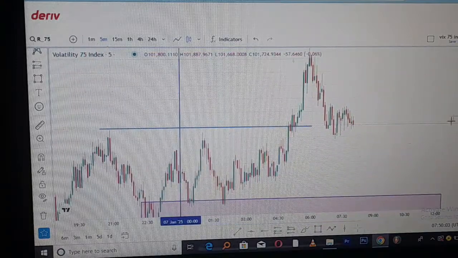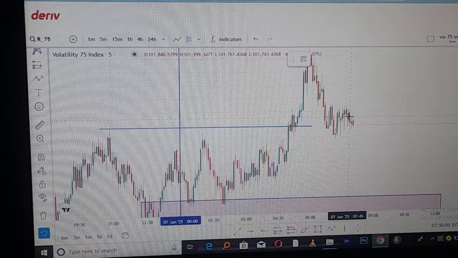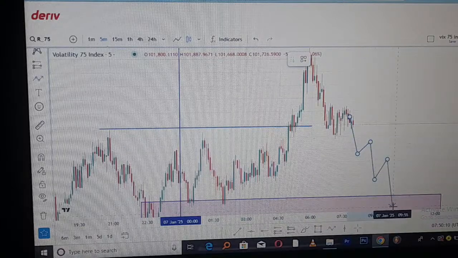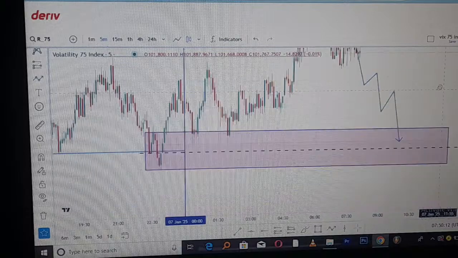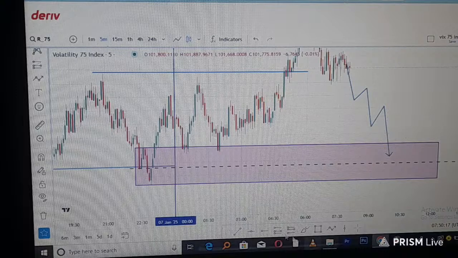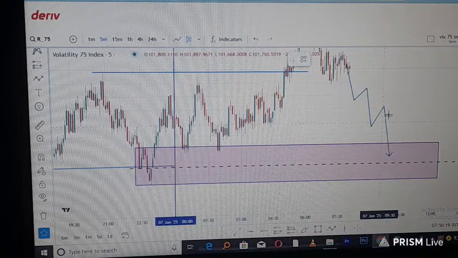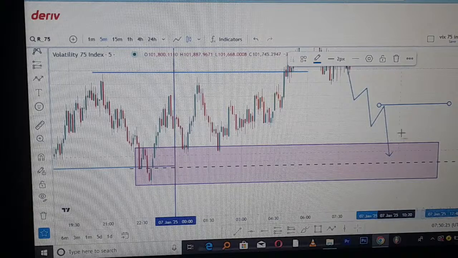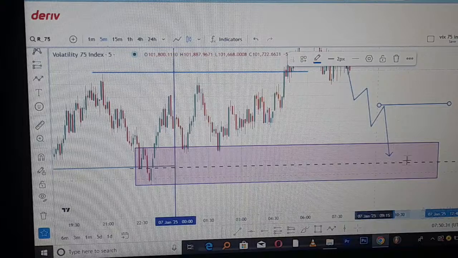Now for 75, we are waiting for the market to come and make lower lows and lower highs like that, until it taps into this area here. When it comes to this area, we are going to wait for the market to come and take off this high here, which leads to tap into our, how do they call it, this area?